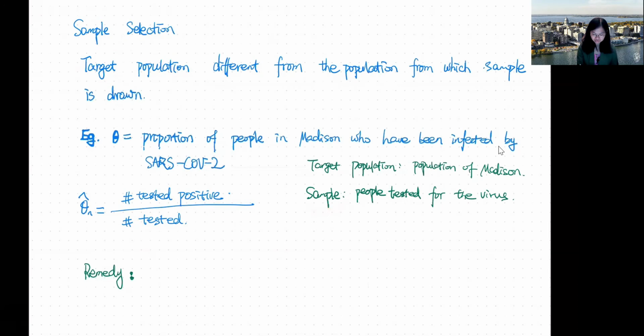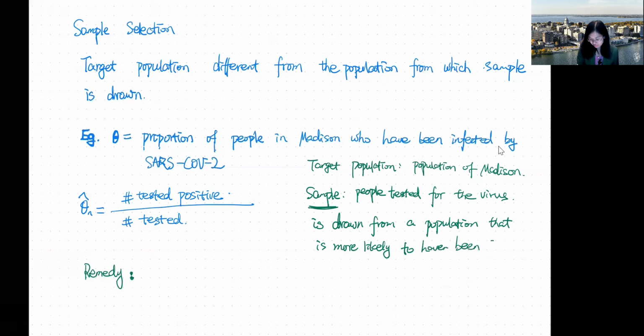So that sample is probably drawn from a population that is more likely to have been infected than the general population.